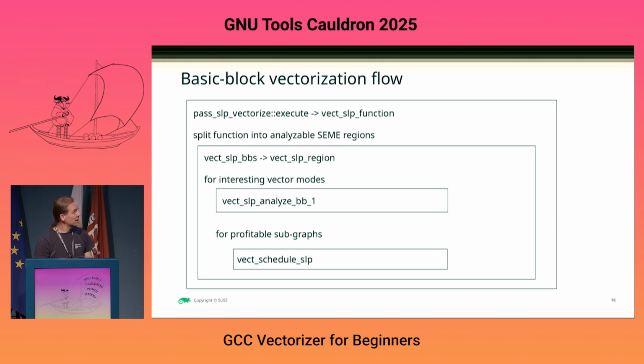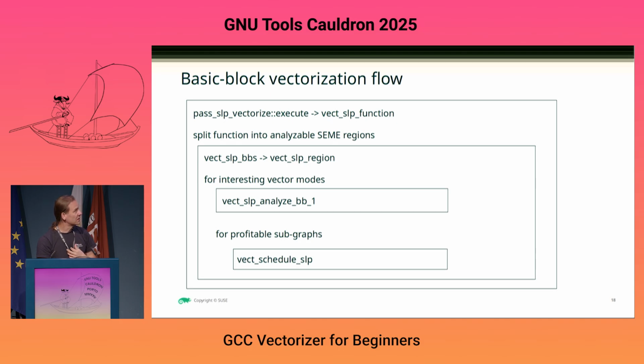At that point, we still decide whether we want to go to the next mode or not. So we still compare something, but once we figure out there's at least one profitable subgraph we want to use with that mode, we stop, because we can't really handle the case of having two different modes and then vectorizing with them. That's basically a structural issue in how we handle this iteration.